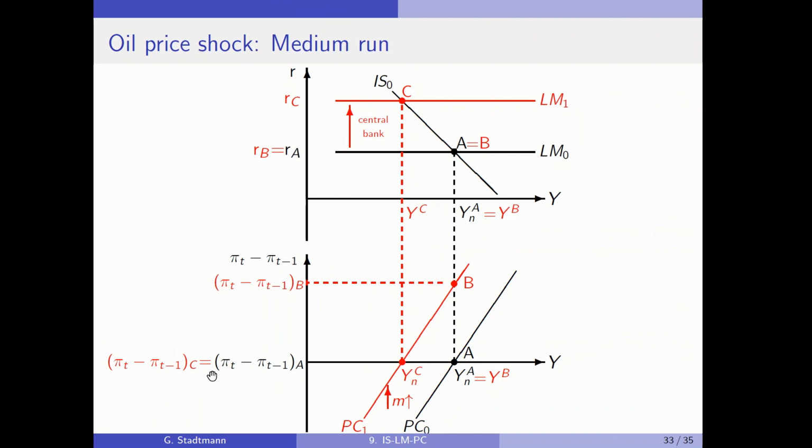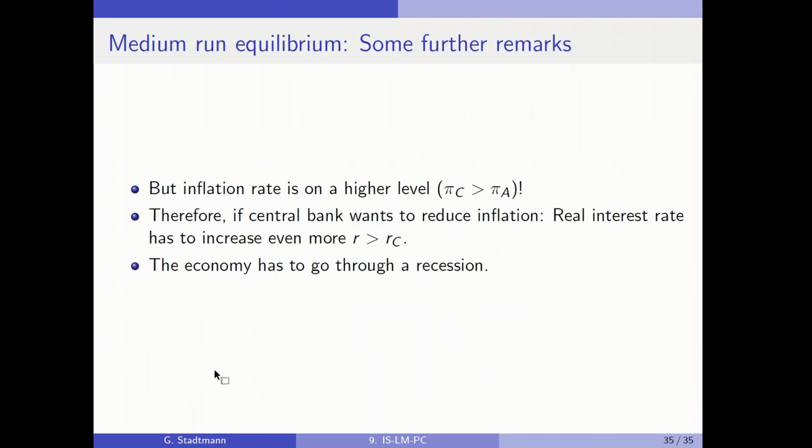The inflation rate does not pick up anymore. But what is also very important is that we understand that the inflation rate in scenario C is higher than the inflation rate in scenario A.